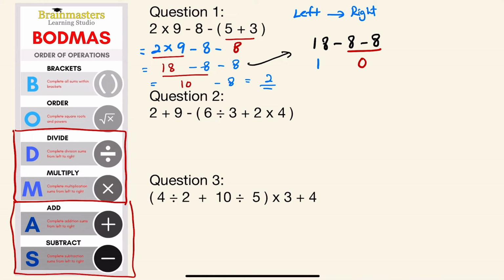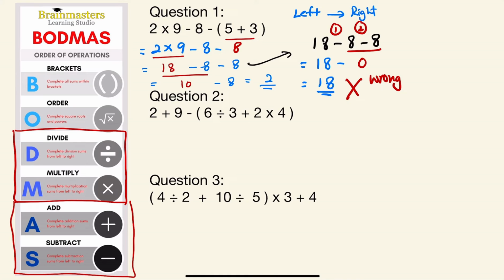Then 18 minus 0 gives an answer of 18. So this is wrong. Do not do this. You must always go from the left to the right, so the first minus will come first. This will avoid you using the wrong method and getting the wrong answer.